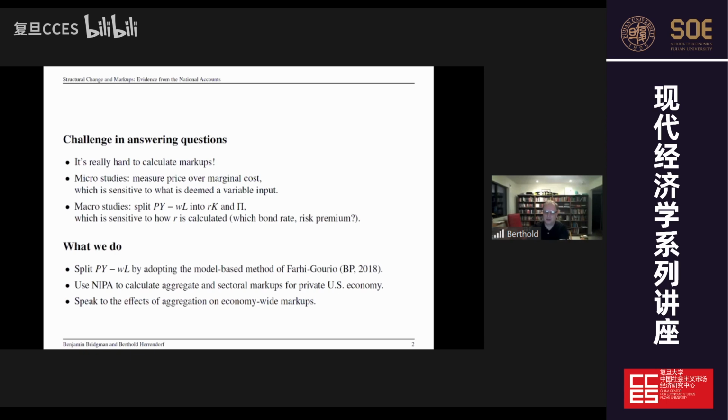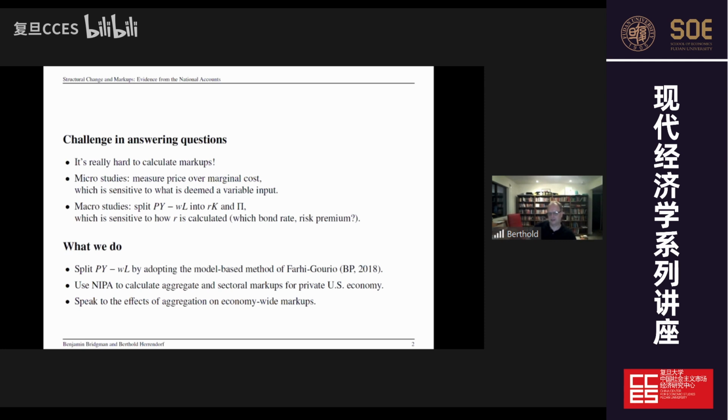Now, the advantage of the macro studies is they usually don't do that because they go by annual data. But then their challenge is to split what's left after you pay labor. So I've written it here. PY is the total GDP or income, if you want, and WL is what you pay to labor. Now that residual you can measure very carefully, but you've got to split it into payments to capital and profits.